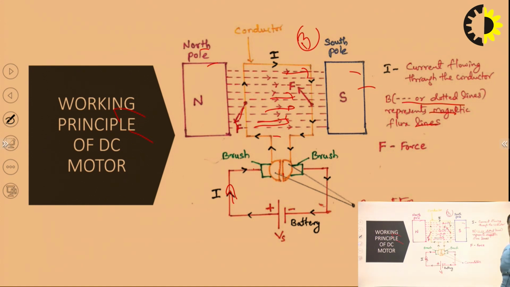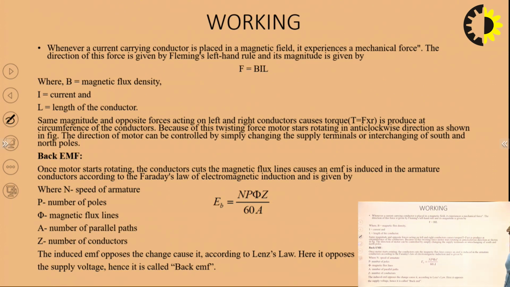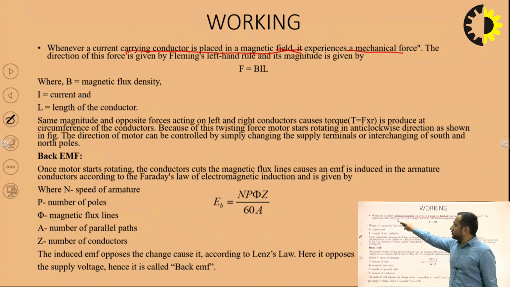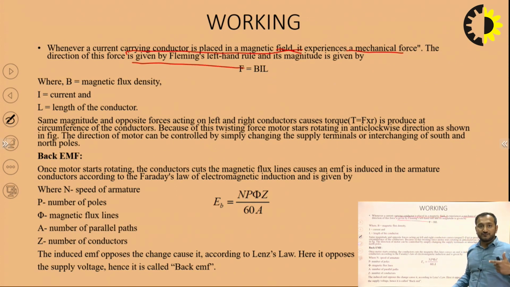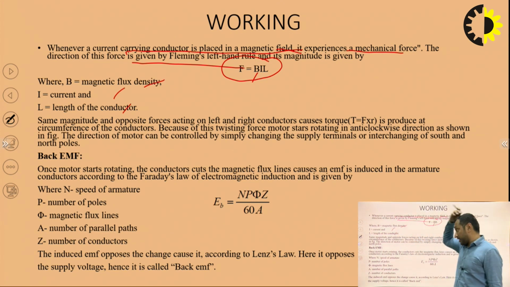Flux lines, right? Now, we know that whenever a current carrying conductor is placed in a magnetic field, like in our diagram, it experiences a mechanical force. The direction of force is given by Fleming's left hand rule, as we discussed right now, and its magnitude is given by F equals BIL, where B is magnetic flux density, I is current, and L is the length of the conductor.